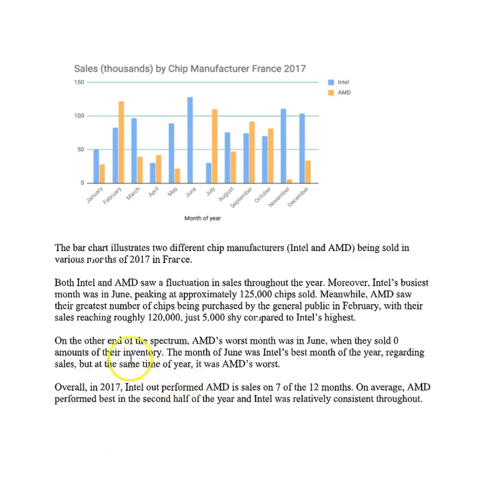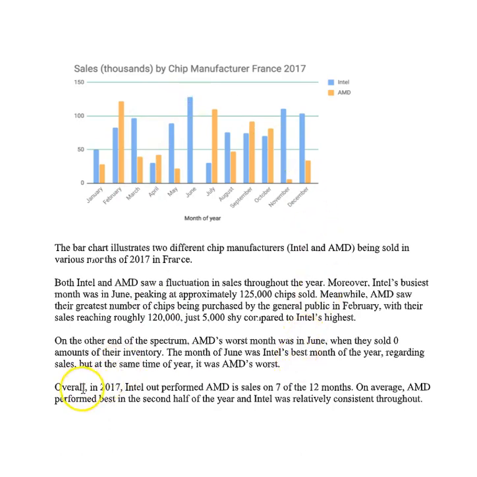So what I would suggest is that we have on the other end of the spectrum, which is great, AMD's worst month was in June when they sold nothing, while June was Intel's best month of the year. Okay, so then I would give the number of sales there as well. So best month of the year at approximately 120,000 units.